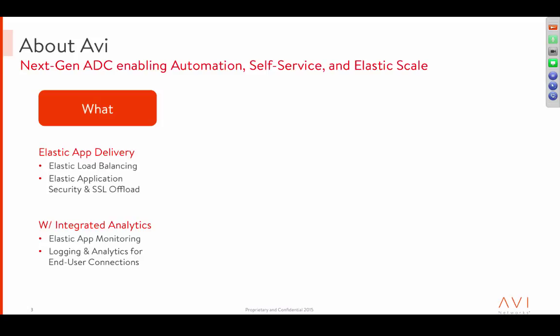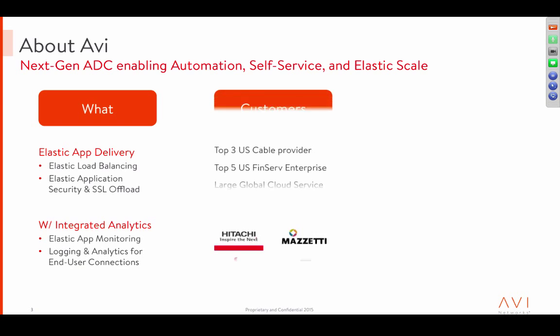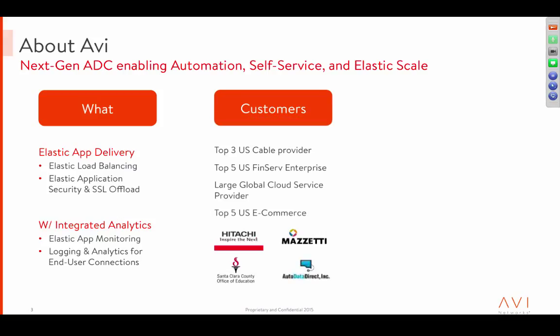Before we go further, let's talk briefly about who Avi Networks is. Avi Networks has built the next-gen ADC solution enabling automation, self-service, and elastic scale. In addition to doing load balancing or application delivery, Avi has also integrated application monitoring, logging, and analytics for end-user connections.